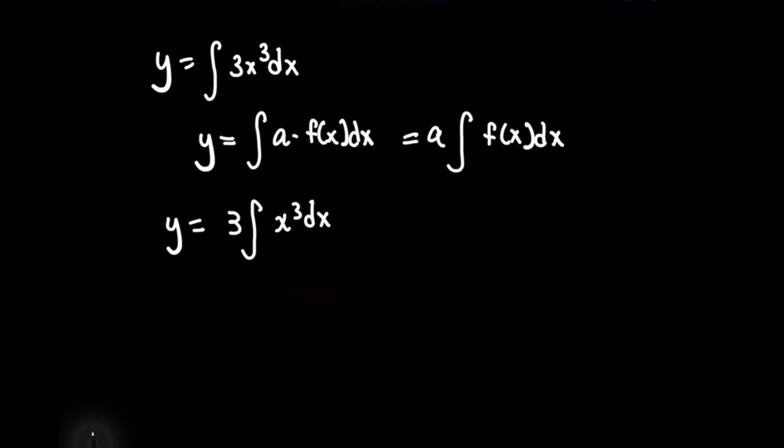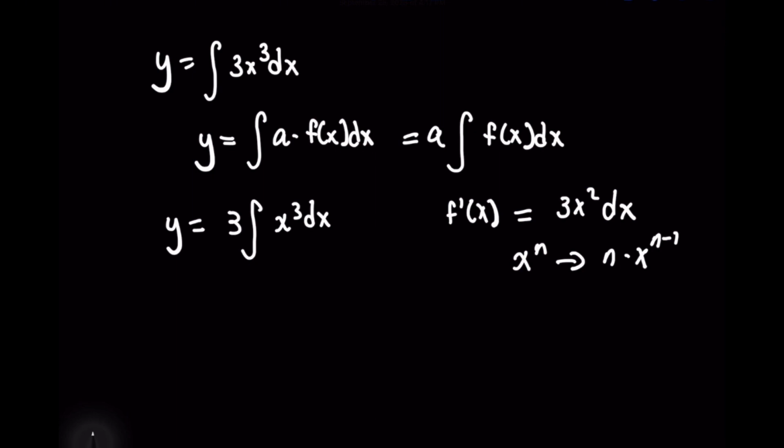Well, remember with derivatives, this is what we normally would do. If I wanted to take the derivative of x cubed, I would get 3x squared dx. Because whenever you take the derivative of a polynomial that has a power of n, your result is going to bring a constant multiple of n times a new polynomial that has a power that's 1 less than what it used to be.